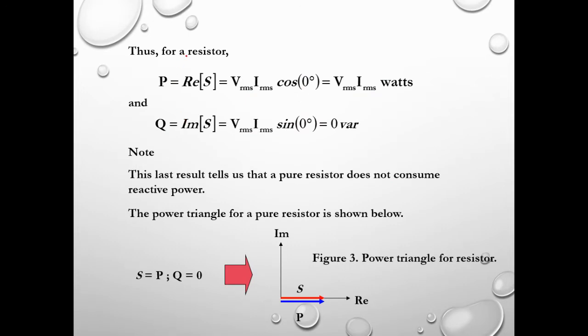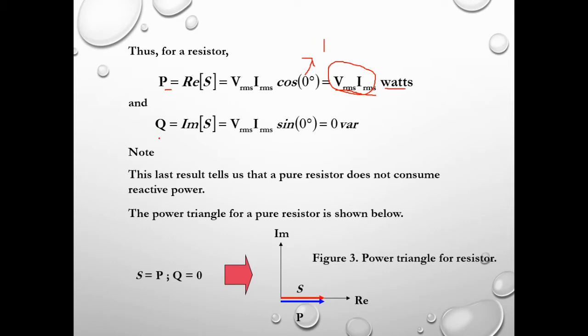So that's for the resistor. The real value of S, which is P, equal to V RMS I RMS cos theta. This is equal to V RMS I RMS because cos theta equals 1. So we got the equation of P, equal to V RMS I RMS, and the unit of P is watts.